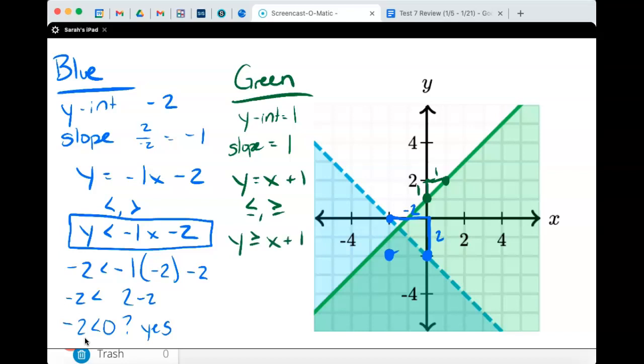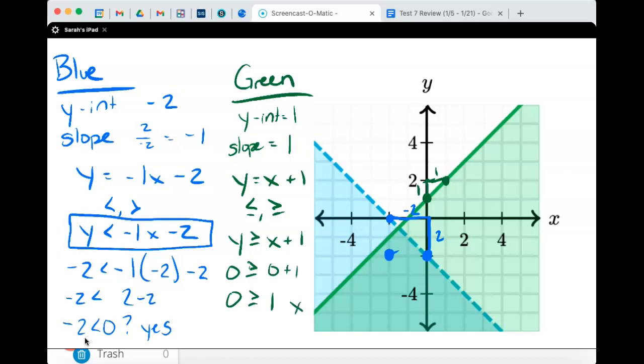So we're going to assume it's this one, and we're going to choose a point to test to see if it's actually the correct symbol that I chose out of the two. What point do you want to plug in? Yeah, 0, 0 is in my shaded region, so that would be the nicest one. So 0 greater than or equal to 0 plus 1. Is that a true or false statement?